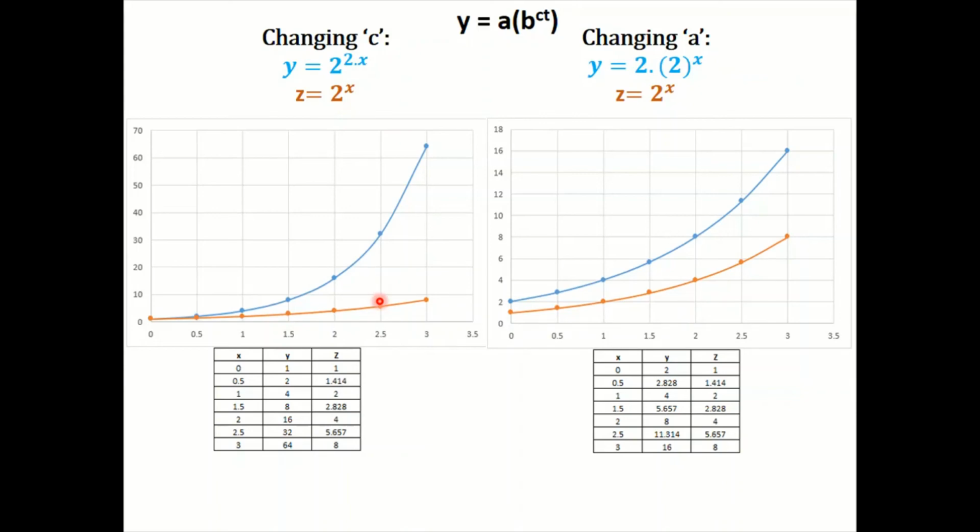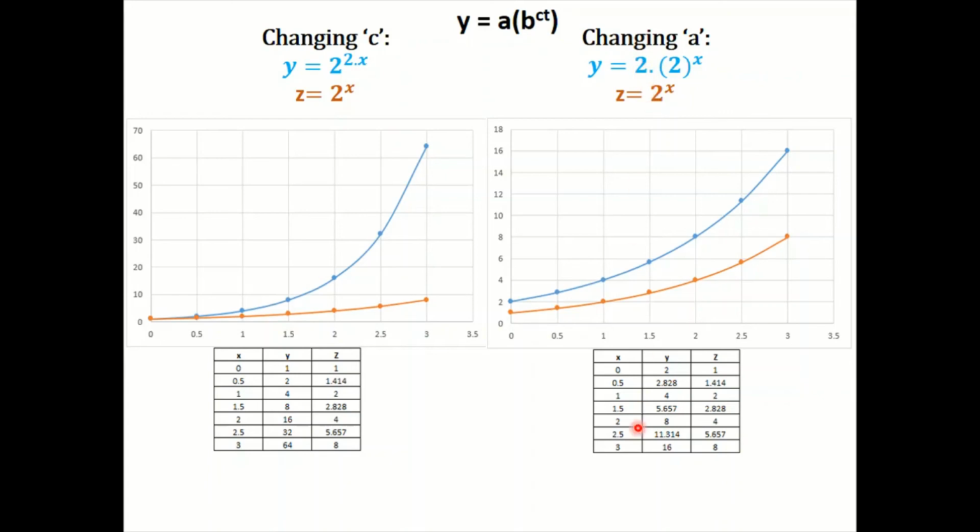If we look at this side here, we are changing the value of a, a being the value that the base is multiplied by. Here it is 2, and here it is 1.